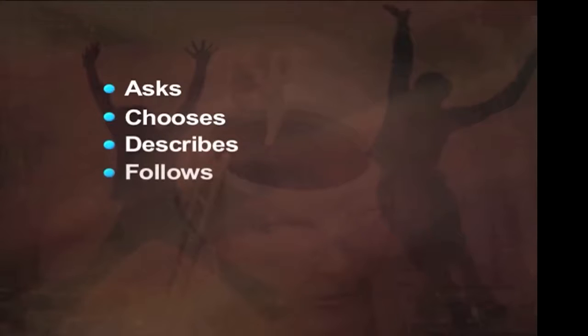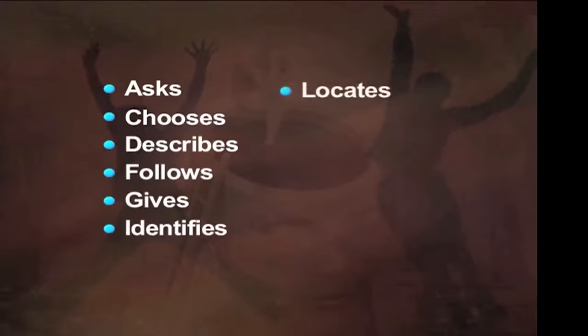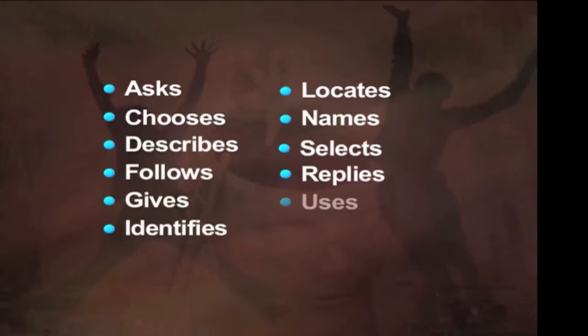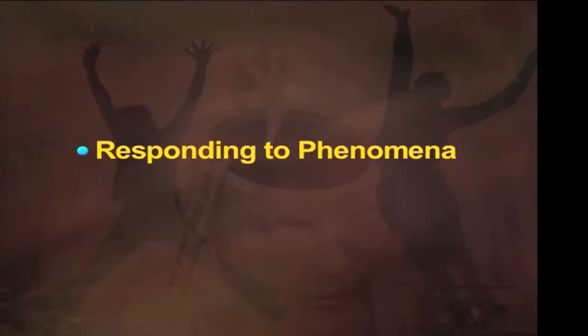The keywords that are used in framing the learning objectives to find out the learning objective, that is receiving phenomena, would be the words asks, chooses, describes, follows, gives, identifies, locates, names, selects, replies and uses.